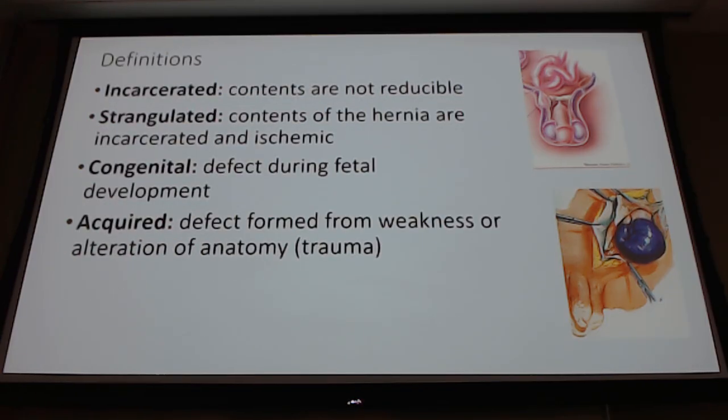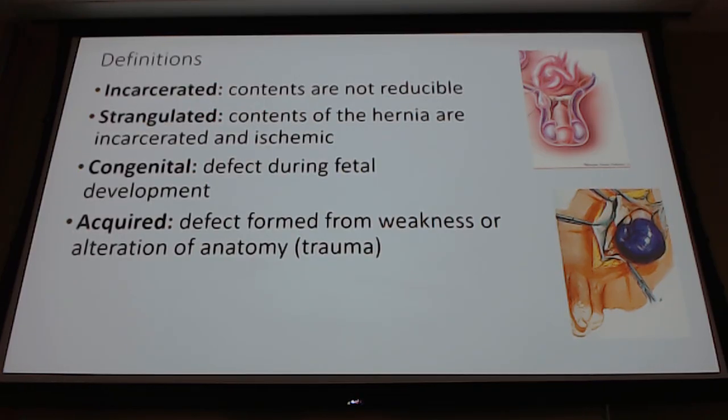More definitions. There's a difference between reducible, incarcerated, and strangulated. If we can reduce it, or the patient can reduce it, that's good. The hole is big enough that whatever tissue is coming through can be reduced back into the belly. Incarcerated is not reducible, but it is still getting perfusion.